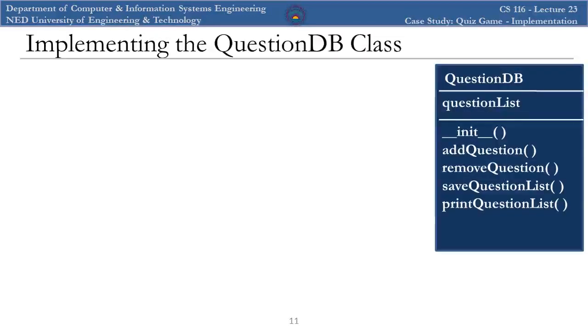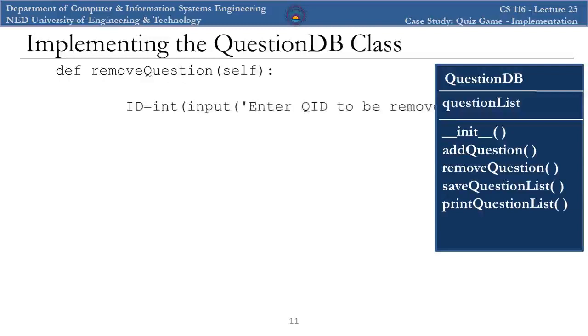Now let's come to the method remove question. Here I assume that the user has viewed the whole list using print question list, so he or she knows the ID or the number of the question to remove. I'll ask the user to enter that ID, and the same problem exists here: I need to check if the user enters a valid ID.